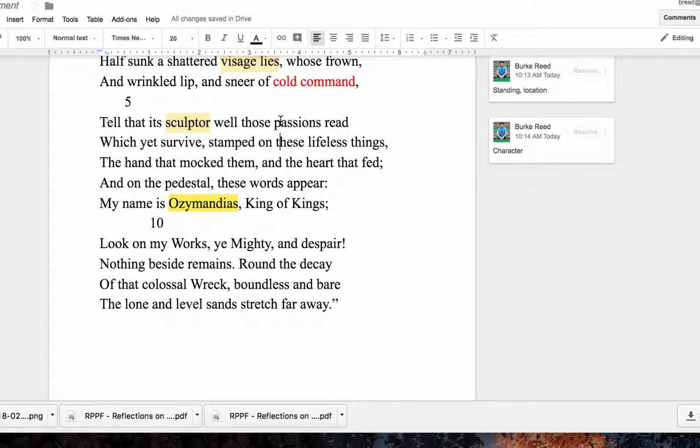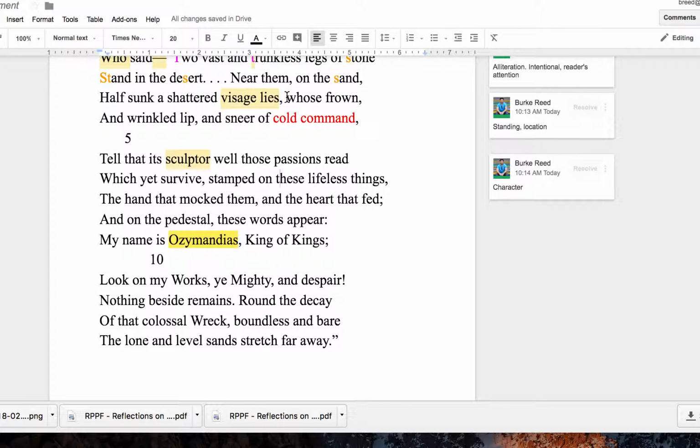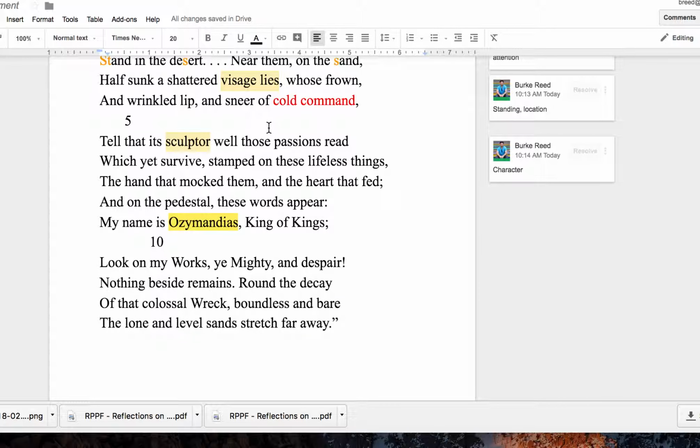But clearly this is someone who had produced this statue. Maybe it was ironic. Maybe it was supposed to look bad, even though Ozymandias was supposed to be a great leader. Maybe the sculptor intended to make Ozymandias look kind of like a jerk, right? Could have been that.